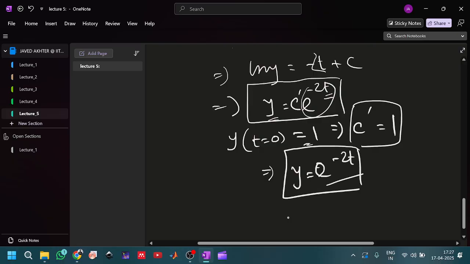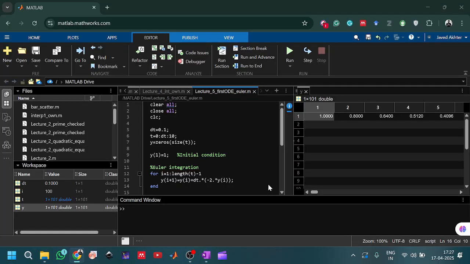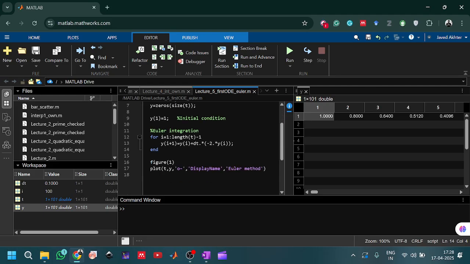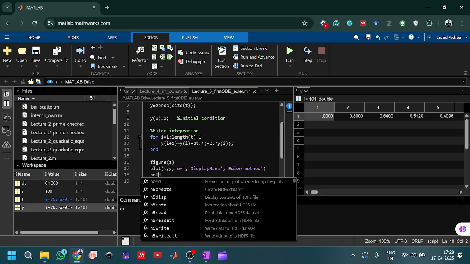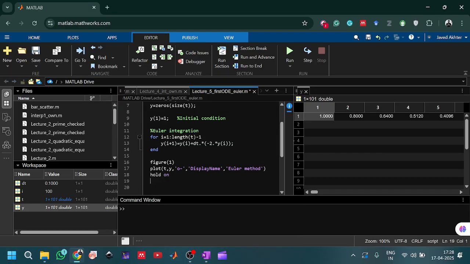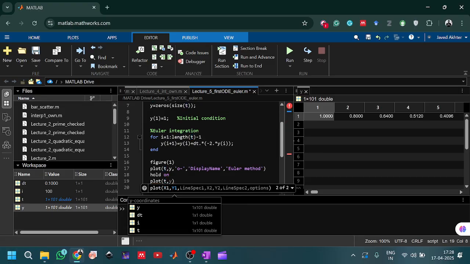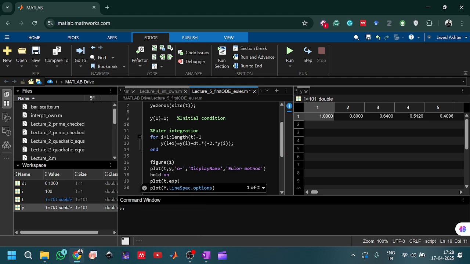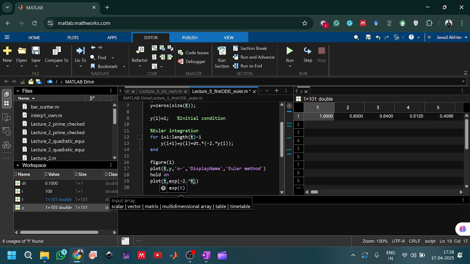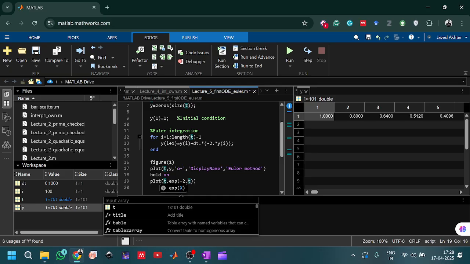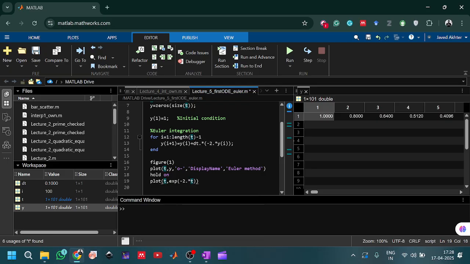So we can plot this in the same graph and look at how the Euler approximation is giving us the result. For another graph plotting, we can call the hold on command. Then you can again plot t, and with t we want to plot e to the power minus 2t. So this is your function.